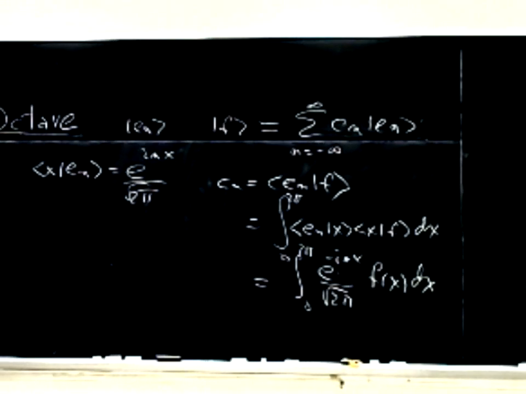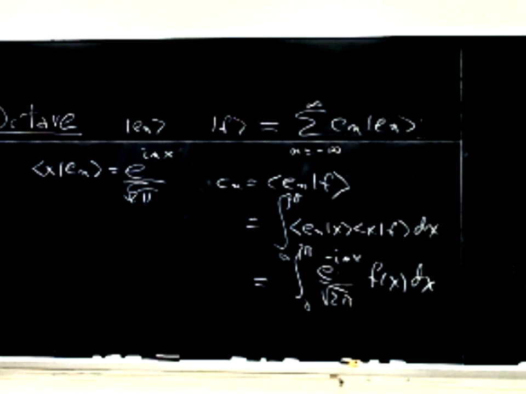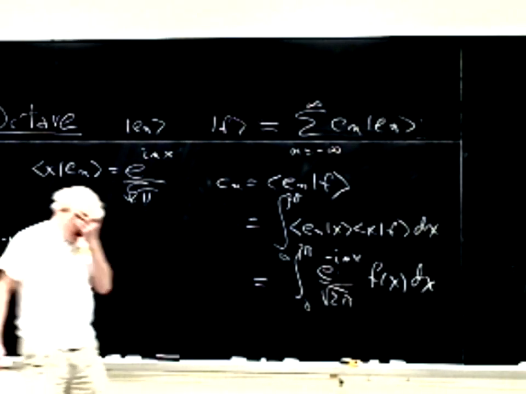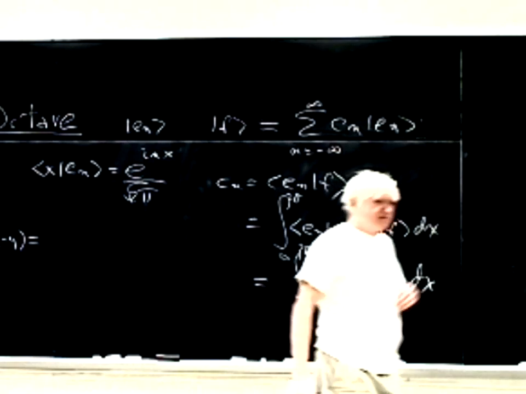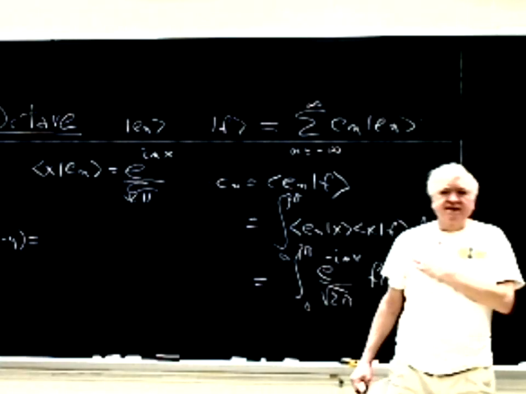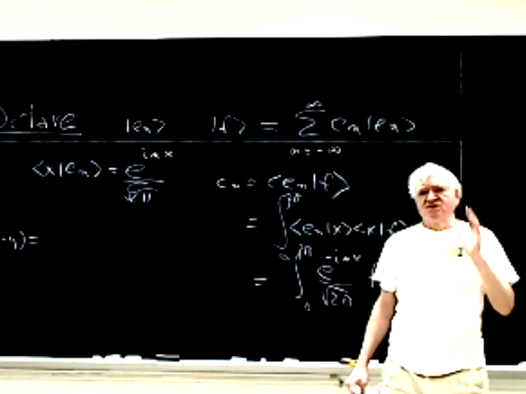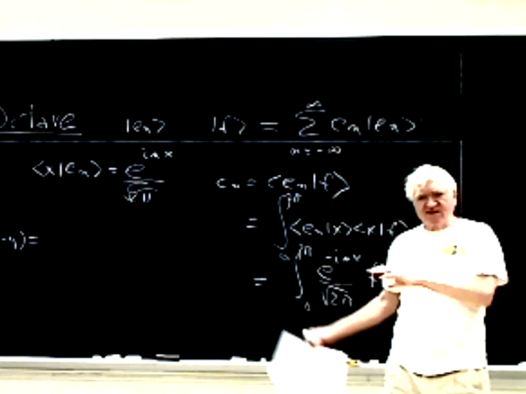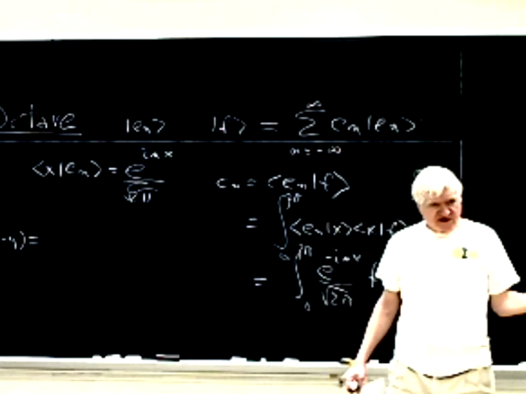Then we saw that we could write the Dirac delta function as, now when you say the Dirac delta function, that's actually an abuse of language. There are many Dirac delta functions. Distributions are maps that map spaces of functions onto numbers.